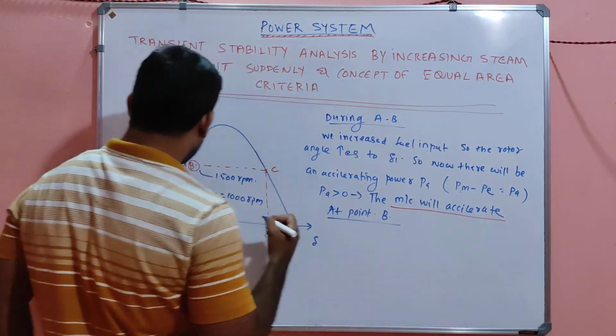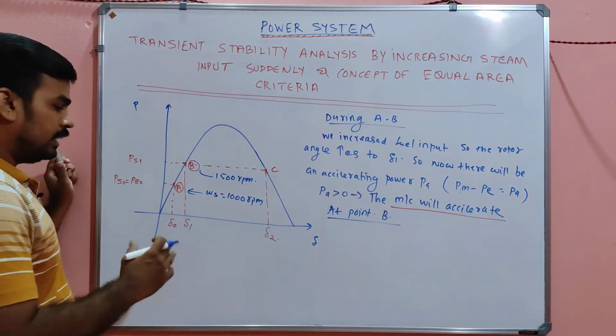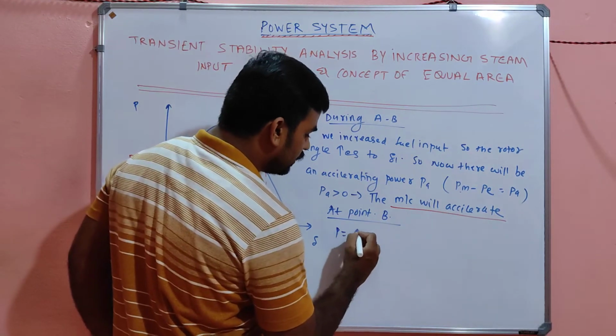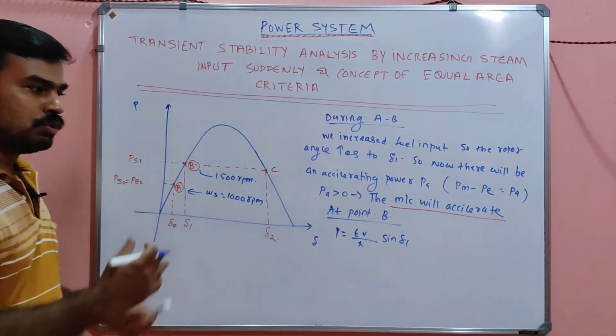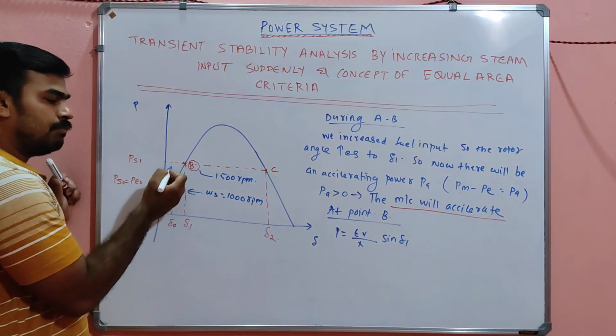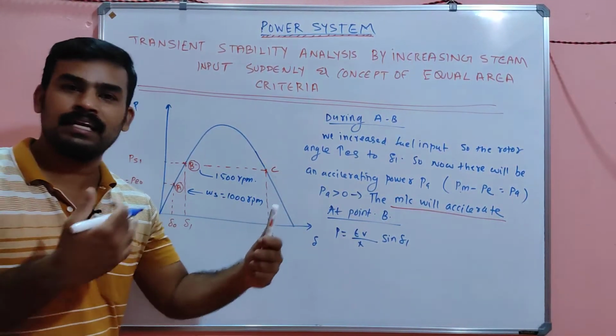At point B, delta 0 to delta 1 has increased. If we increase the rotor angle, then the power output will be EV divided by X into sine delta 1. So sine delta 1 also increased. At point B there is no sudden equalization of mechanical and electrical power.